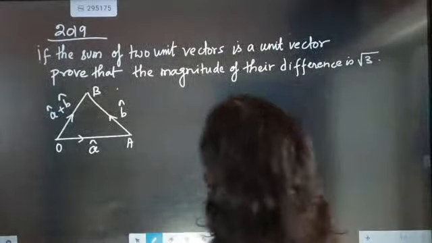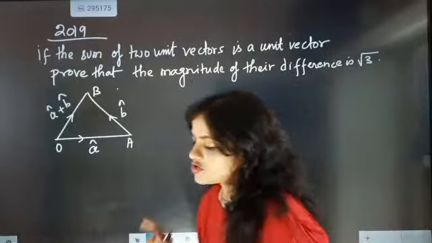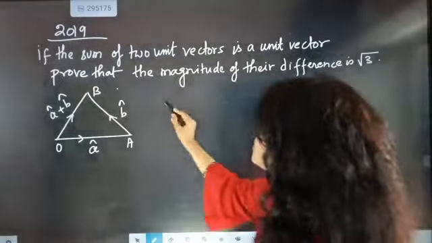Now everyone, if the sum of two unit vectors is a unit vector, first we consider two unit vectors.